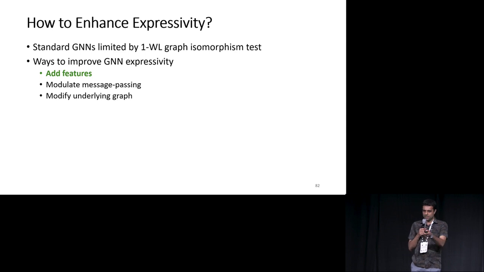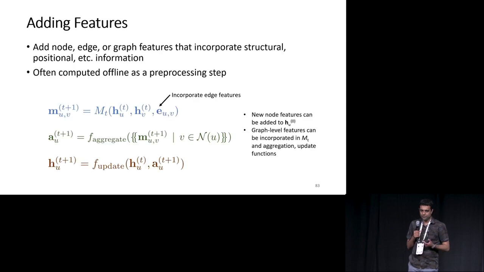Okay, so let's take a look at the first one. The idea here is that you want to add some additional node, edge, or graph features that capture some kind of structural or positional information or something about your domain. And you can directly incorporate it into the message passing scheme.